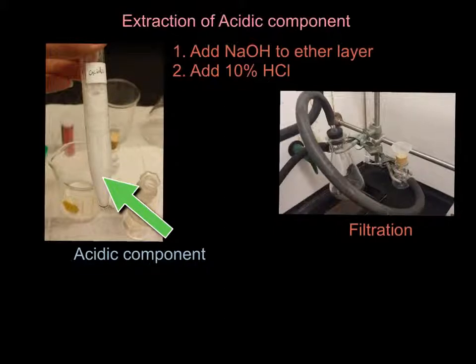Using the same solubility rule, by adding hydrochloric acid to the aqueous solution, the salt of the acidic component was protonated, and now it is insoluble in water. That's why you can see a lot of white precipitate form in the centrifuge tube. The precipitate was then filtered out and kept in the fume hood to dry. In my unknown, I didn't get a basic component, I got an acidic component.